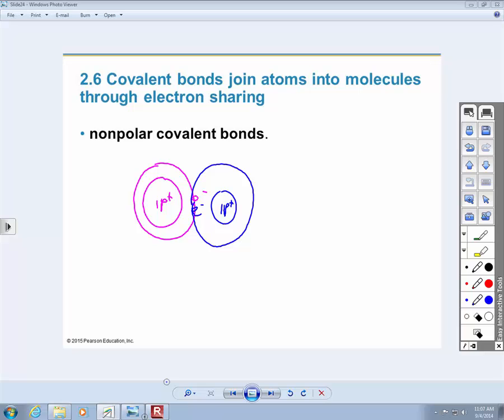So what you really have here, you have 1 positive charge, you have 2 negative charges, and then you have a positive charge. So all of those charges cancel out because the electrons are held equally distant from this proton and also from the other proton. So the charges basically cancel each other. So that is nonpolar. You don't have any polarity.